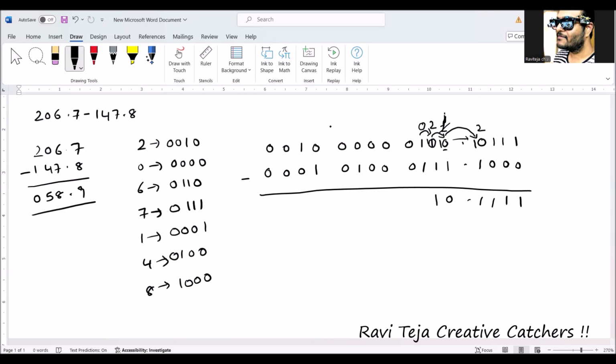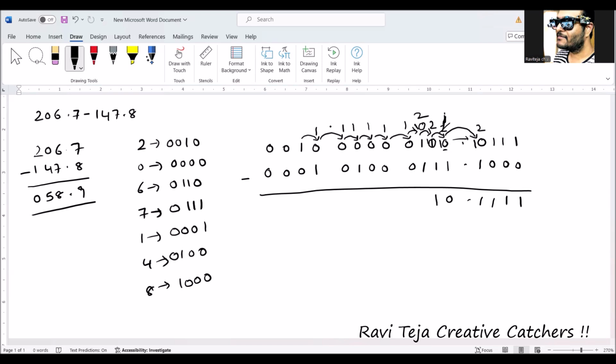0 minus 1 can't be done, so you need to borrow this 1 from here to here. This will be transferring bit by bit. Wherever the 1 has been transferred, that will become 2. Remaining all become 1.